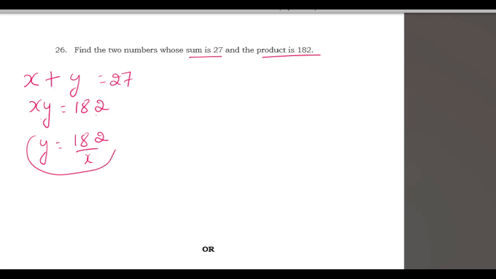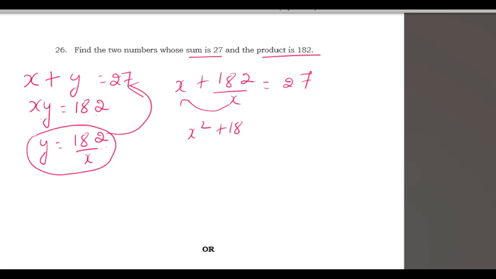Write this value in equation number 1. What will it become? x plus y, in the place of y write this value, 182 by x, is equal to 27. Now cross multiply. It becomes x square plus 182, whole divided by x, is equal to 27.